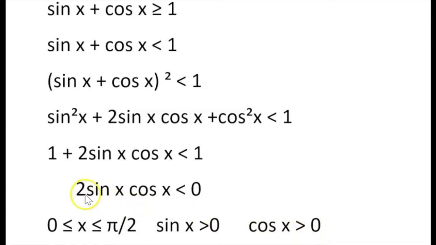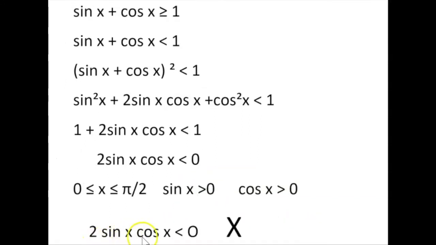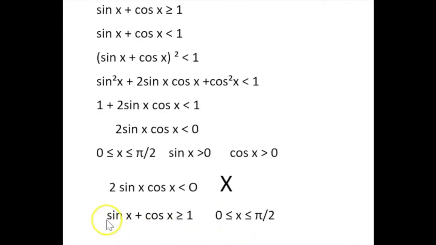So we're going to have 2 times something that is positive times something that is positive, and that has to be less than 0, which can't happen, so this cannot possibly be true. 2 sin x cos x being less than 0 is false, can't happen. So it follows that sin x plus cos x is greater or equal to 1 when x lies between 0 and pi over 2.